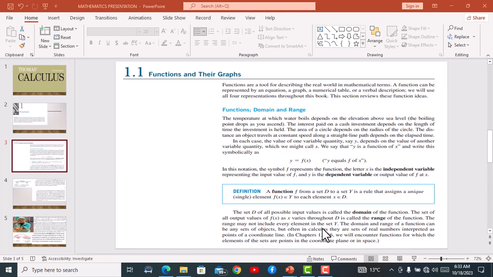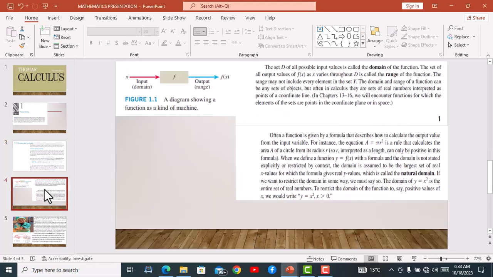And then in later chapters we will encounter functions for which the elements of the sets are points in the coordinate plane or in space. When we deal with mathematics and engineering, we will be dealing with spaces, but that's fine. I believe as we progress, it will be dealt with.